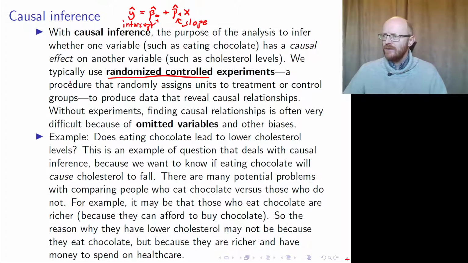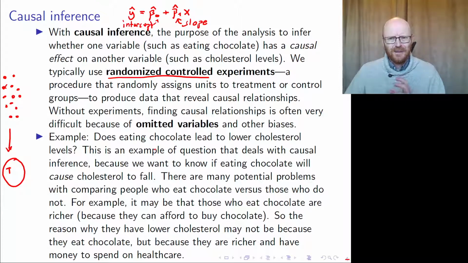Okay, so for example, you have some instances, and you either put them in one group of treatment, for example, and we have this chocolate eating control here, or group here.